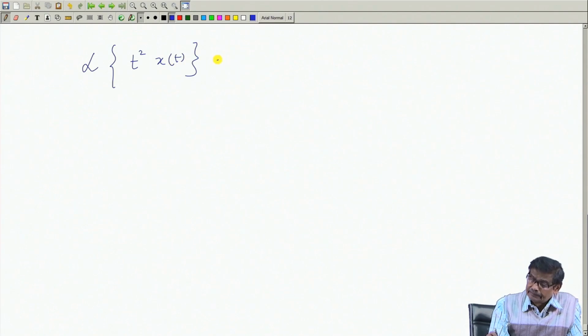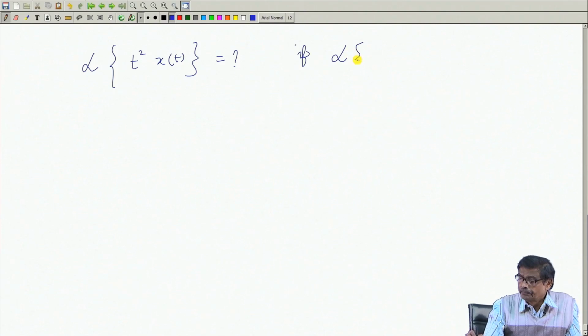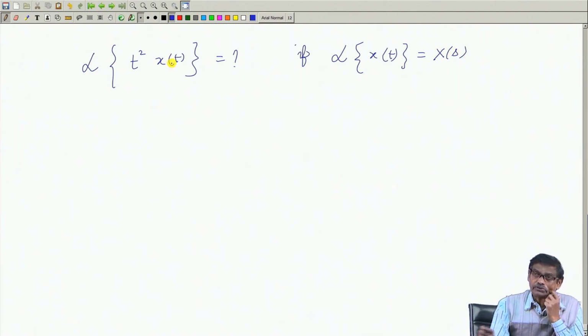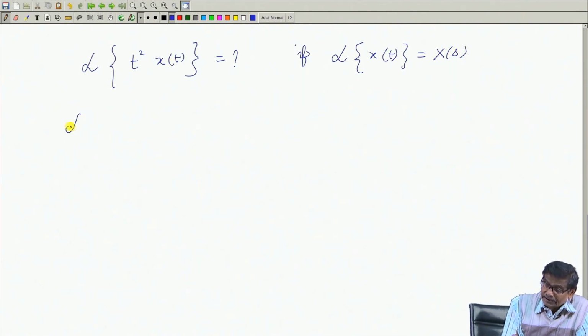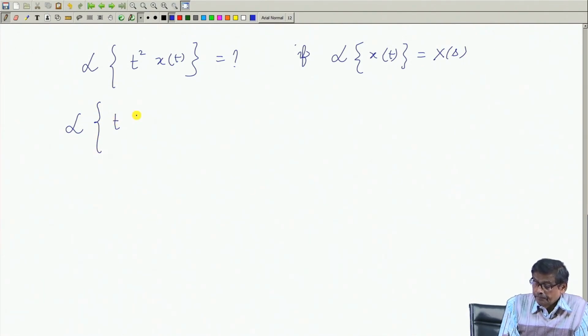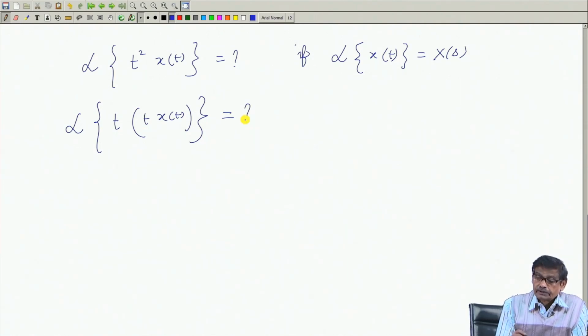If the Laplace transform of x(t) is equal to X(s), suppose this is known, then what should be the Laplace transform of t into t x(t)?